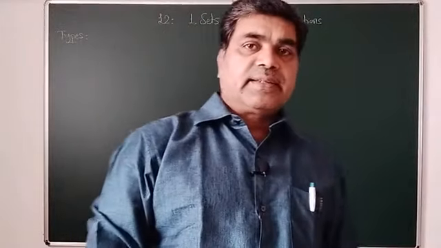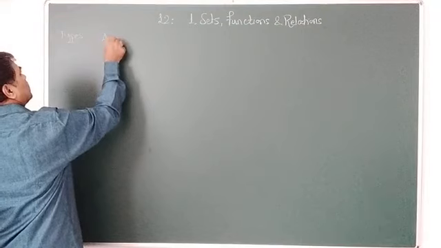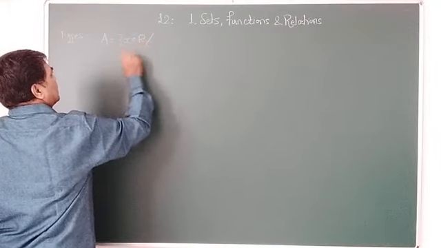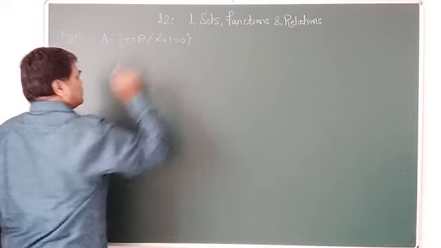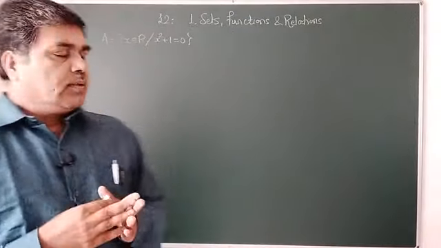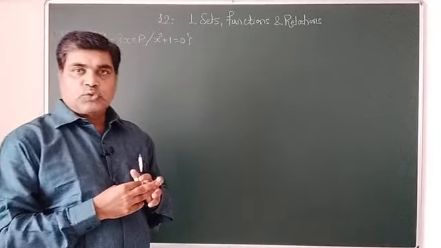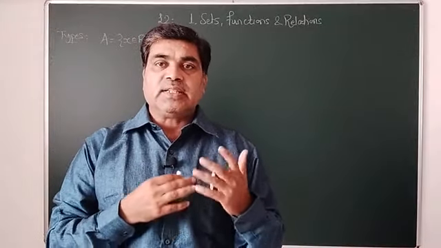Now if I take, say, A is equal to the set of real numbers x belongs to R such that x square plus 1 is equal to 0. Then we know that the square of any real number is a non-negative number. It is always greater than or equal to 0.